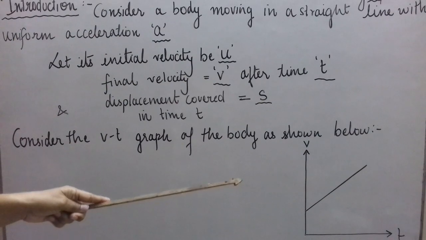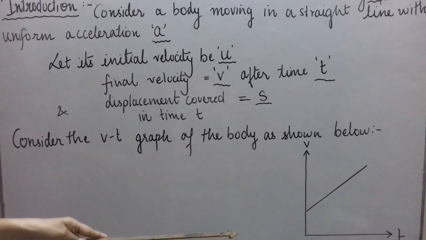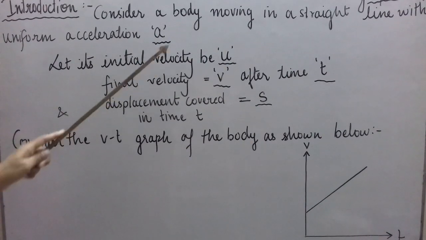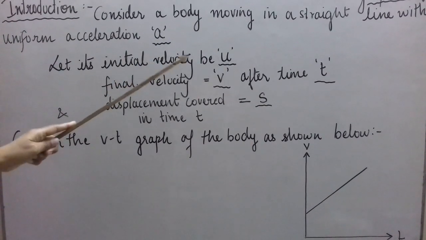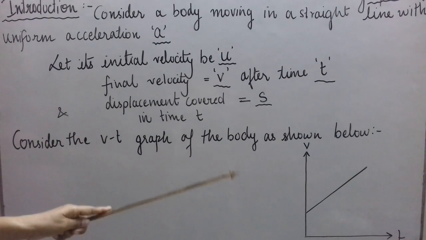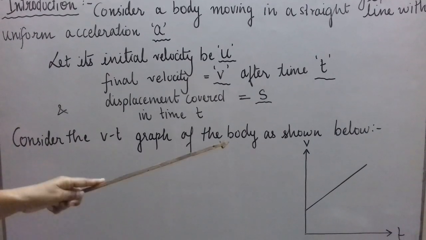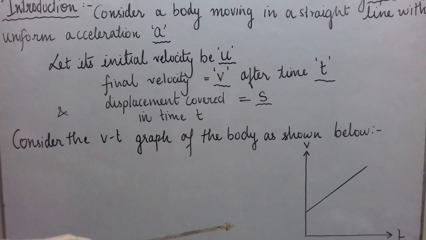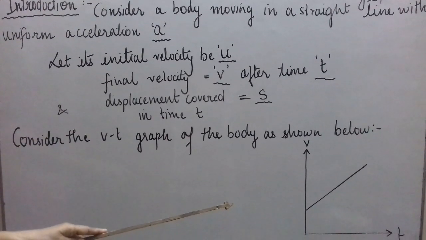But I have not drawn this straight line passing through the origin. Why? Because the body is not initially at rest. It has some initial velocity u. I hope you remember this graph: VT graph for a body in uniformly accelerated motion when it does not start from rest.